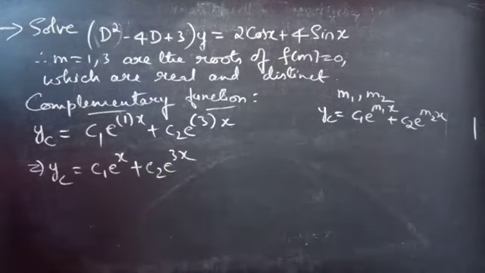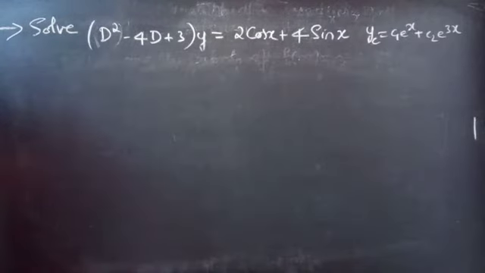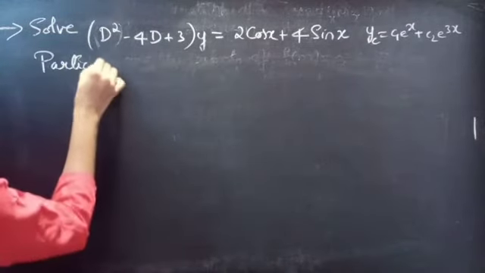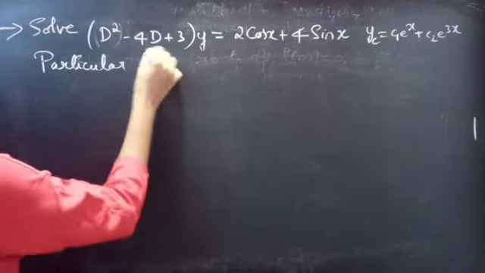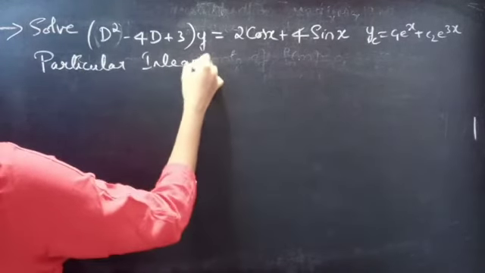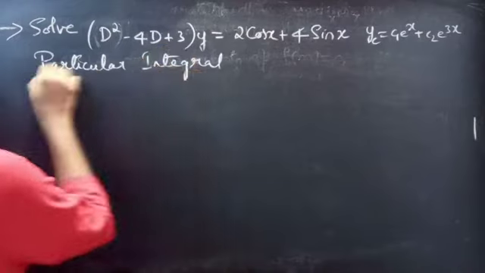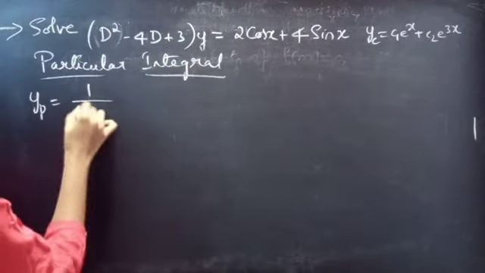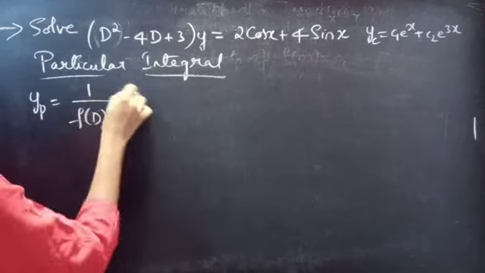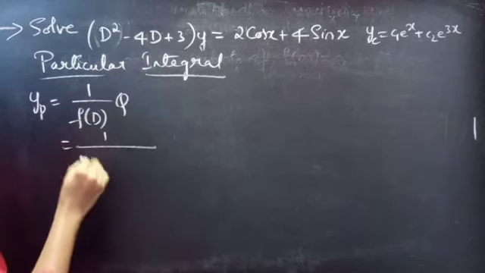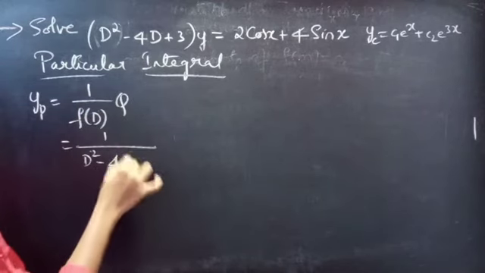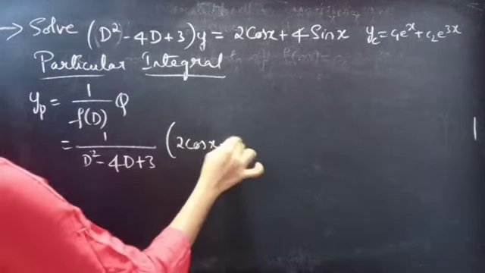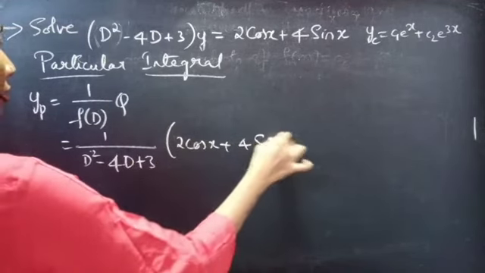Now let's find the particular integral. We'll find the particular integral using 1/f(D) into Q. We have f(D) = D² − 4D + 3, and Q is 2 cos x + 4 sin x.